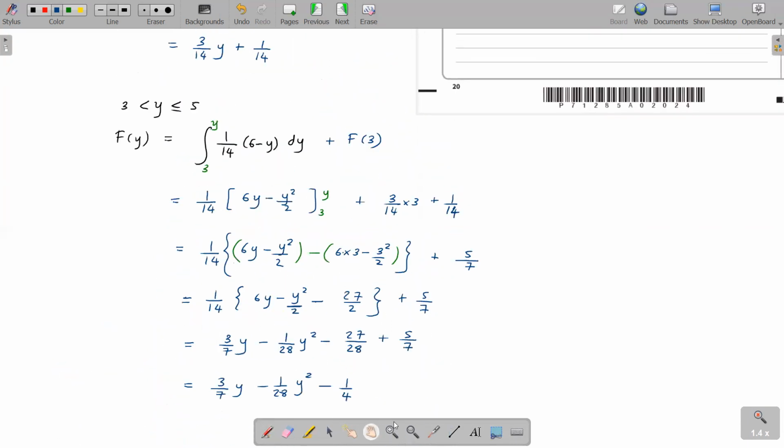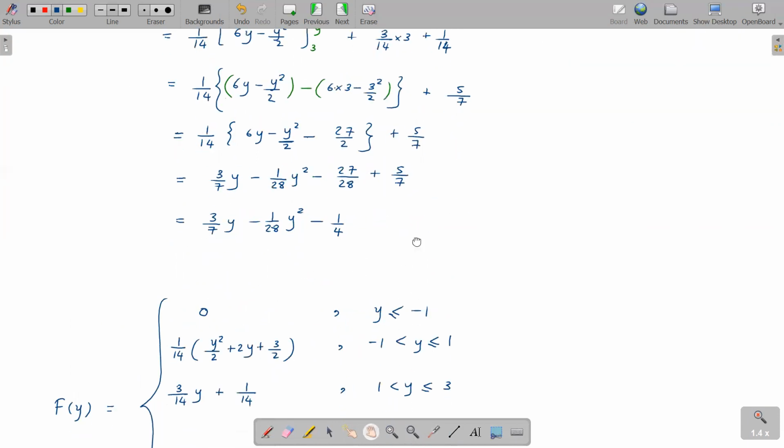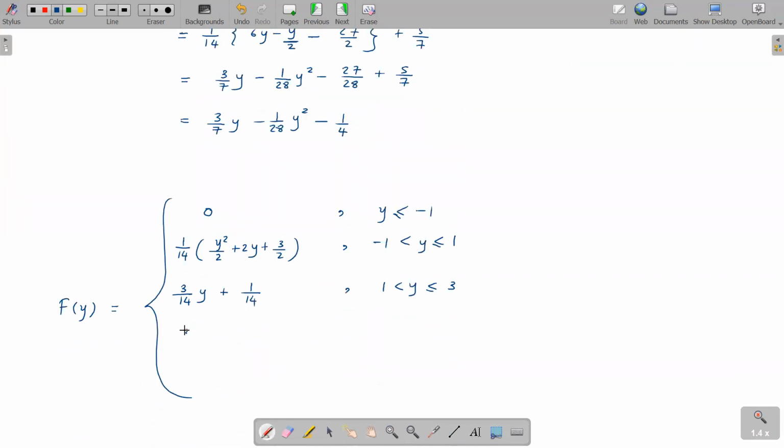For y values between 3 and 5, 3 over 7y minus 1 over 28y square minus 1 over 4. So this is for y value greater than 3. And then the last one, capital Fy is 1 for y value greater than 5. So this is how we fully specify the cumulative density function. Is this clear?